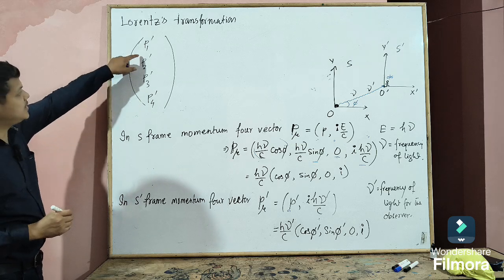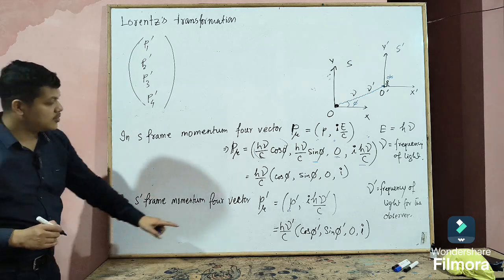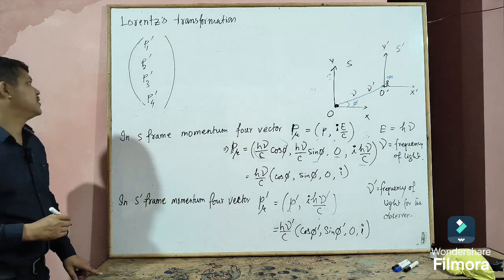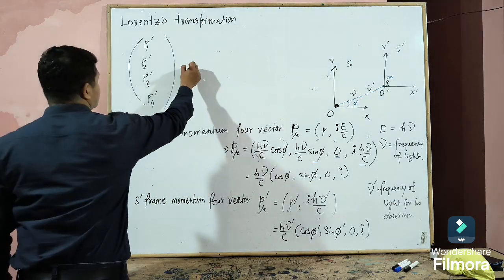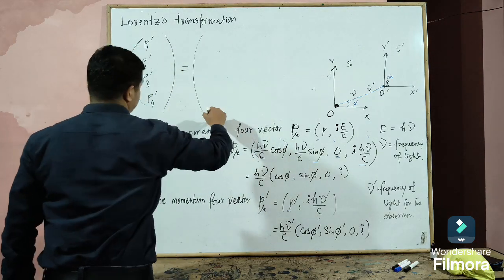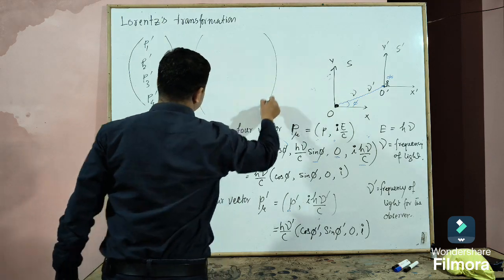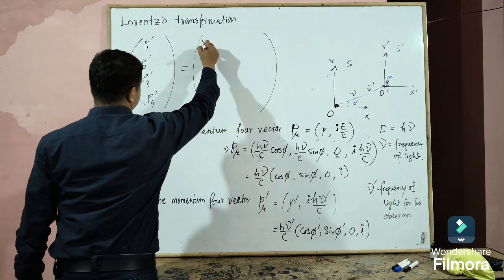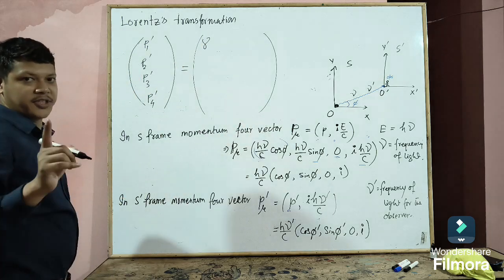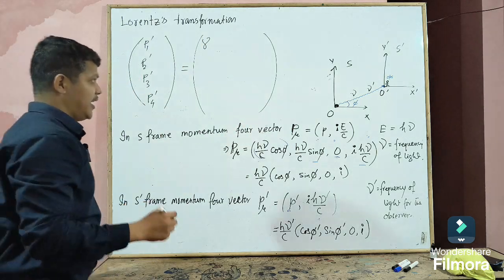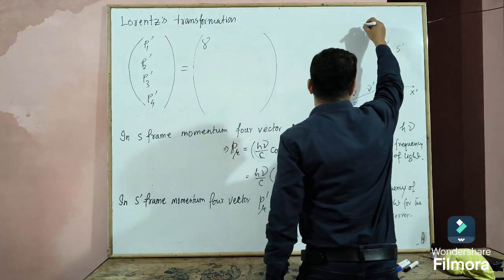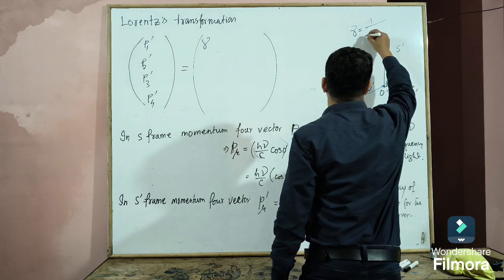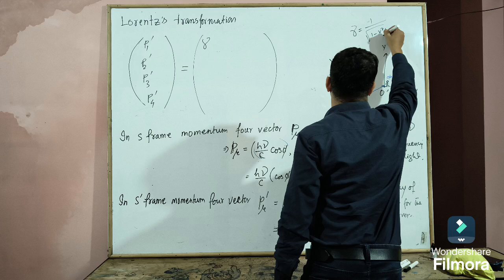You see, these are the four components of P mu dash, which is equal to, here we're gonna have gamma, this is gamma, okay, this is not mu, and I have already told you what gamma is. Gamma is equal to 1 by root over 1 minus v square by c square.